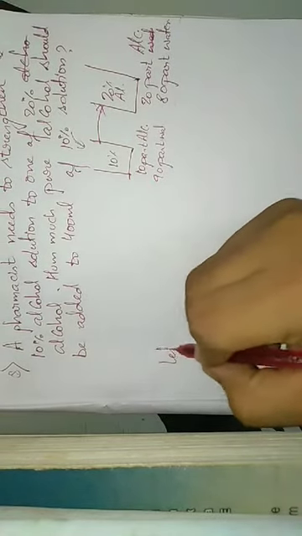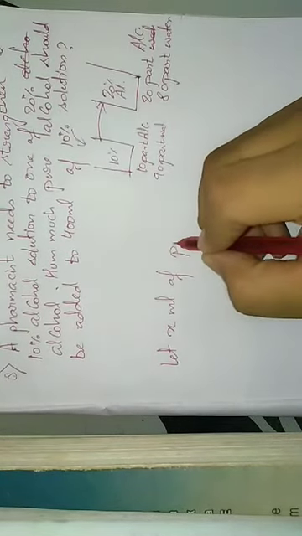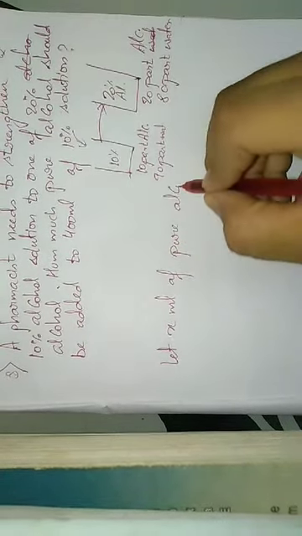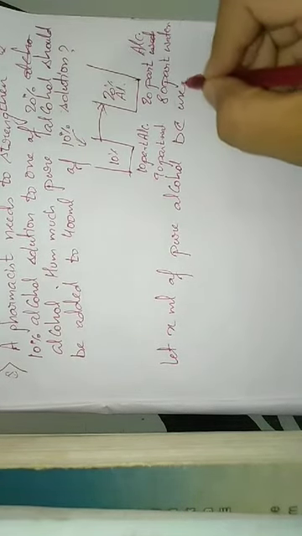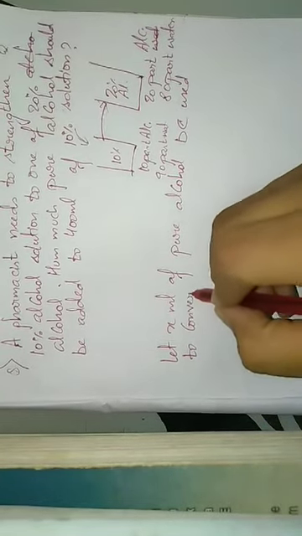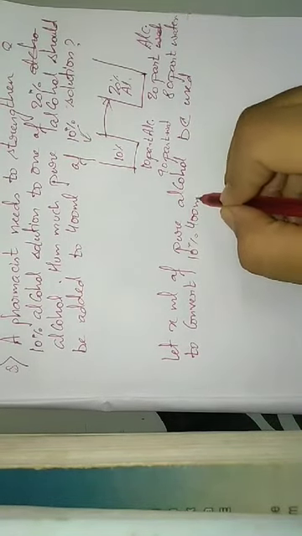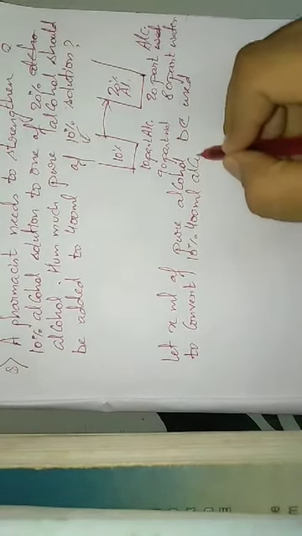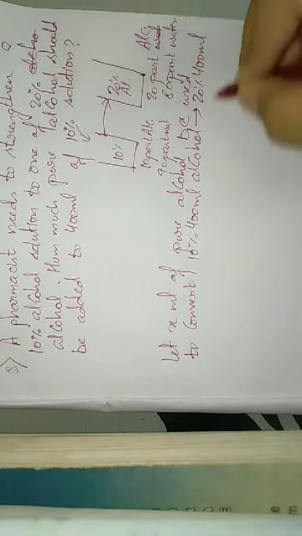So let x ml of pure alcohol be used to convert 10% 400 ml alcohol to 20% 400 ml alcohol.